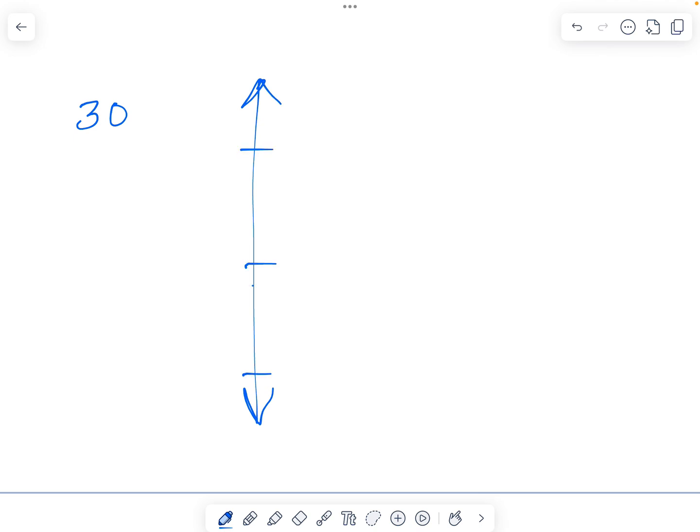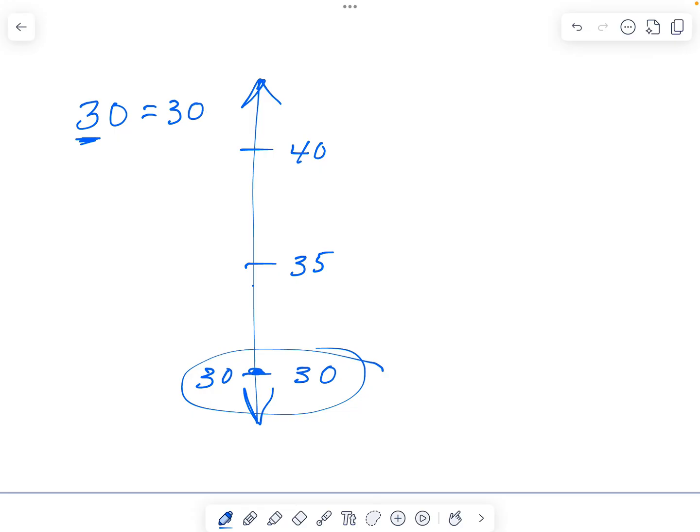We have our 3 reference points. We're looking at our 10. We're putting 30 here. The next one would be 40 and 35 in between. 30 lives right here. 30's closest multiple is 30. It's not 40. It's not 20 below. It is 30. So 30 rounds to itself. So 30 is 30. In that case, you don't have to put the approximate sign.